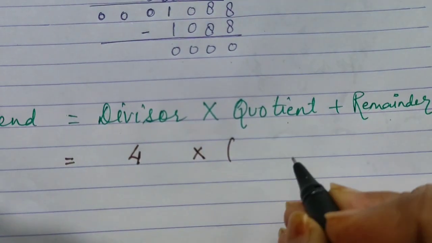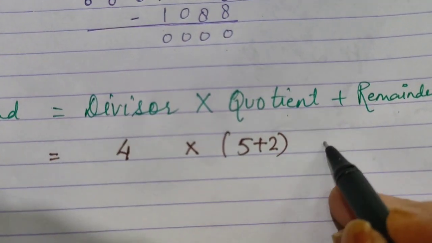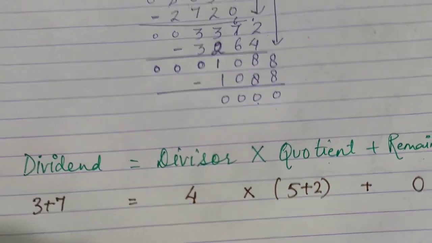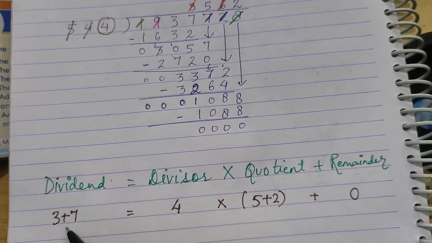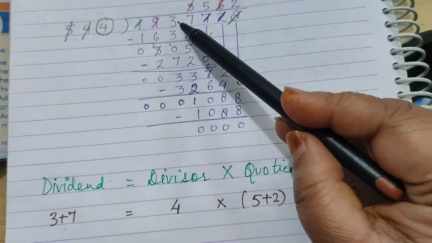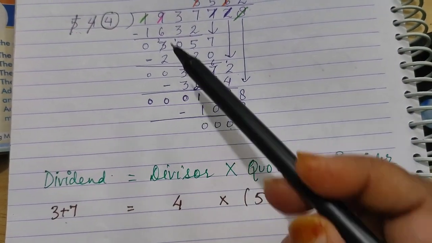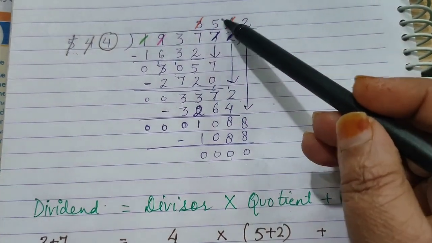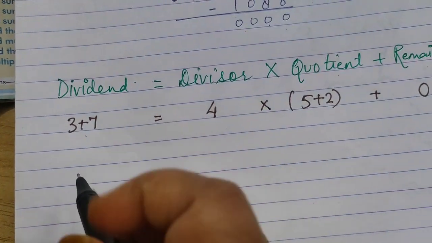I'm putting brackets over here, 5 and a 2. On the remainder we've got nothing here, a 0. Again I'm showing. Just see. On the dividend the numbers left were a 3 and a 7. I wrote them in this form. On the divisor only 4 was left. I've written it here. On the quotient 5 and 2 were left. And remainder is 0.